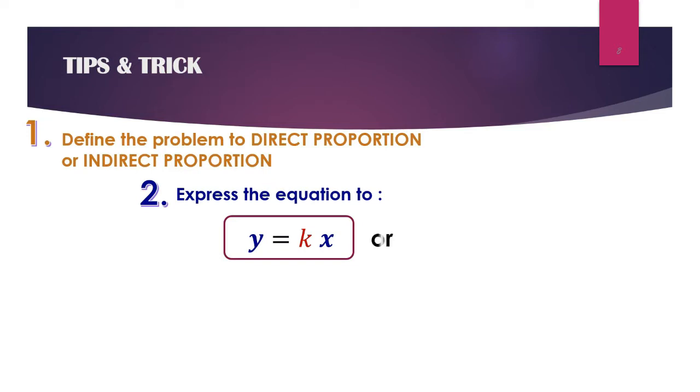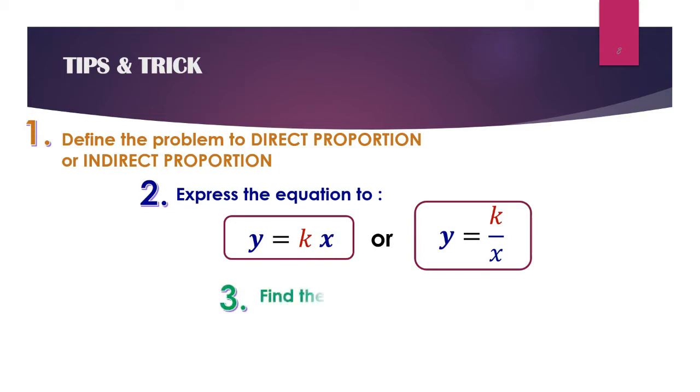So k is constant, right? You can use algebra to find the value of k. And number four is find the general formula of the equation in terms of x. Very simple.